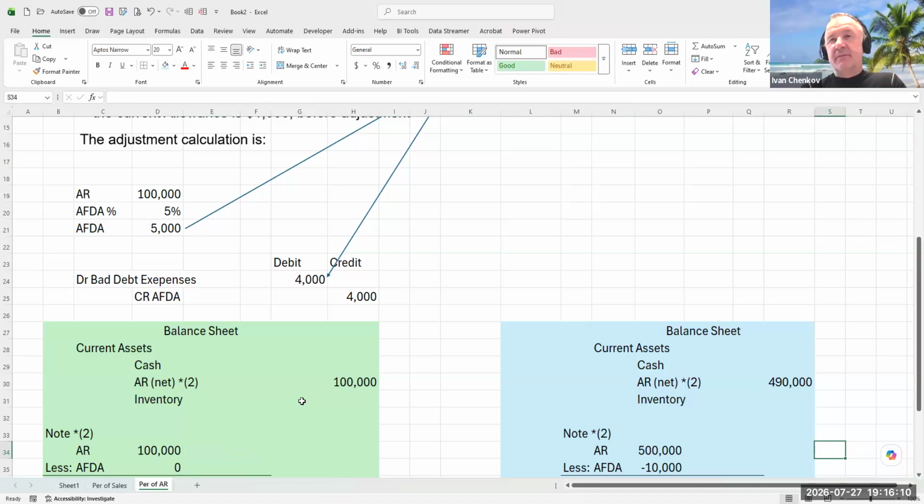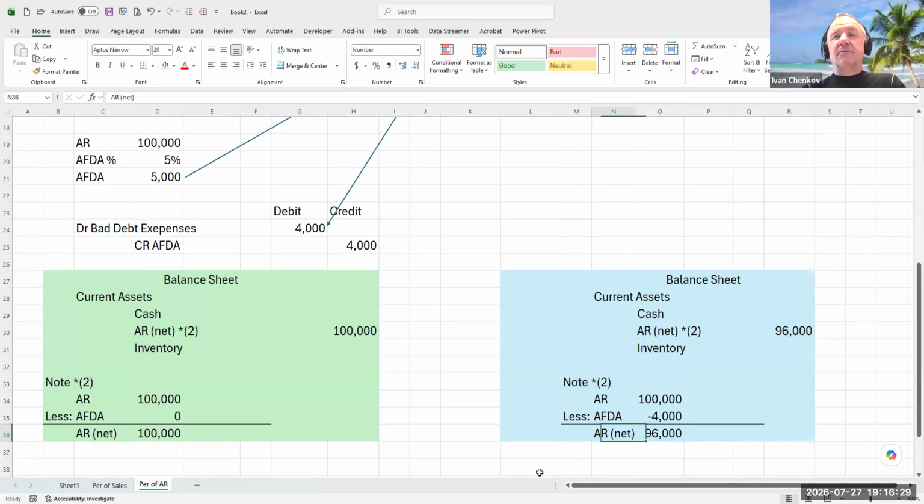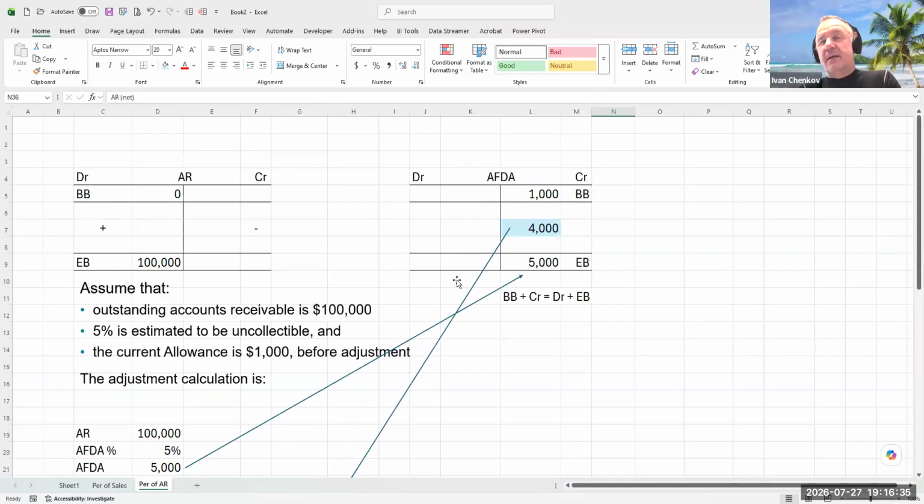After that, we're going to have accounts receivables equal to 96,000, which will be 100,000 here minus 4,000, or 96,000 allowance for accounts receivable net amount. And that's how we're calculating this method, which is percentage of sales.